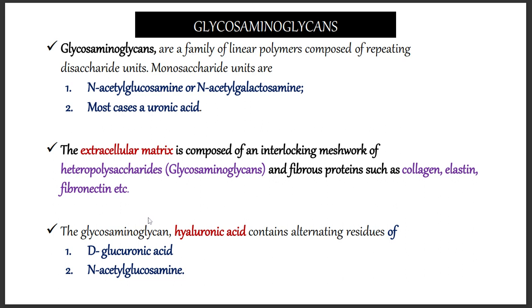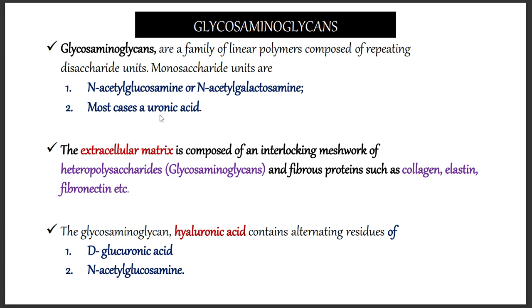Now, some examples of these glycosaminoglycans. An example we can talk about is hyaluronic acid. Hyaluronic acid has D-glucuronic acid and N-acetylglucosamine. You can see from these two, which we said can either be N-acetylglucosamine or N-acetylgalactosamine, we have picked N-acetylglucosamine and also glucuronic acid.